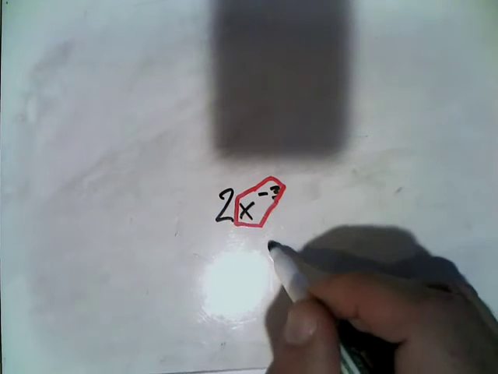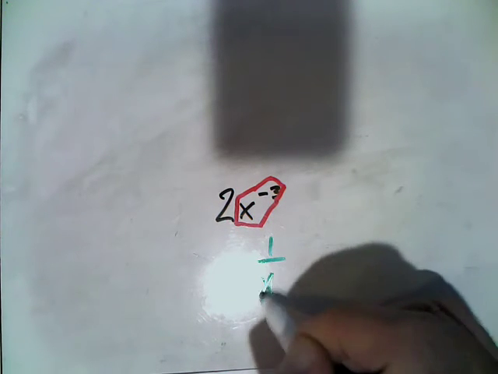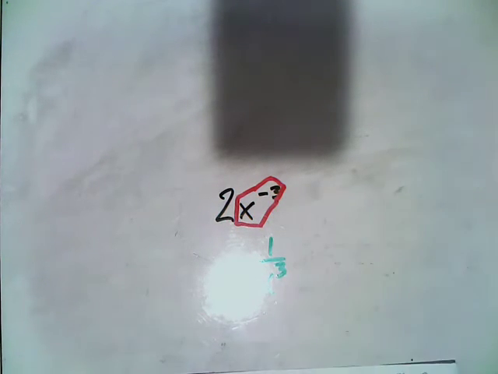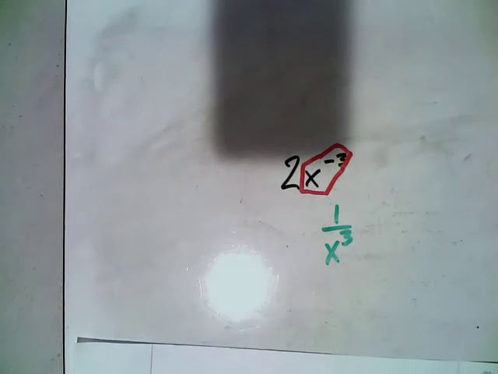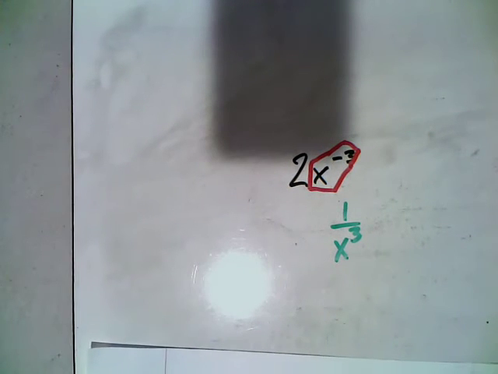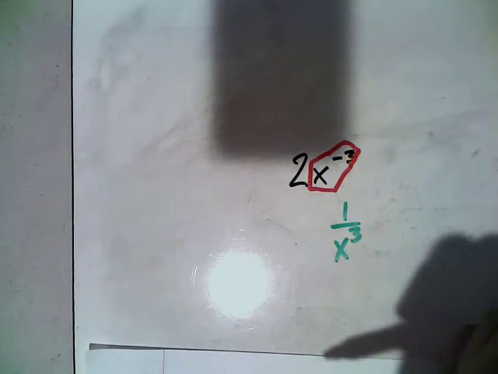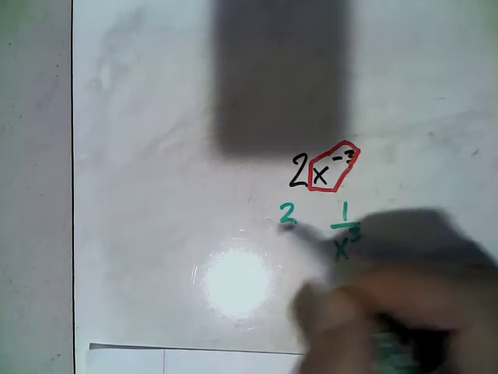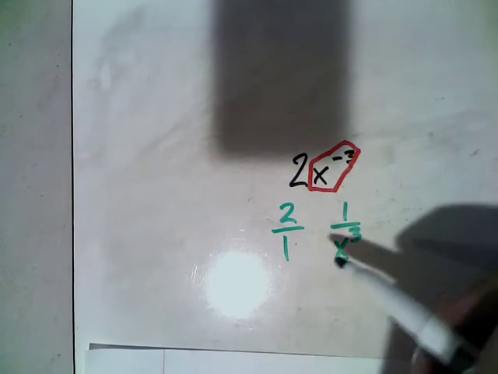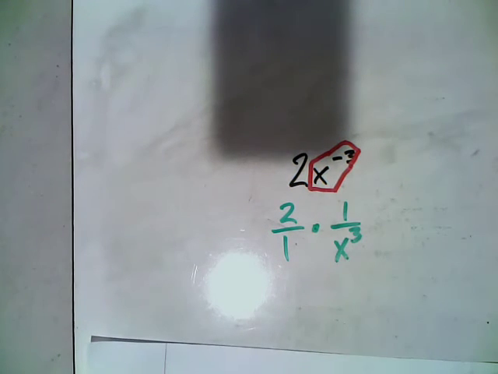It is not affecting the 2. So that means that my x to the negative third power is, like we did in that last example, going to become 1 over x to the positive third power. My 2, however, being left alone, if I make that a fraction as well, would just be 2 over 1. And we're multiplying these together.